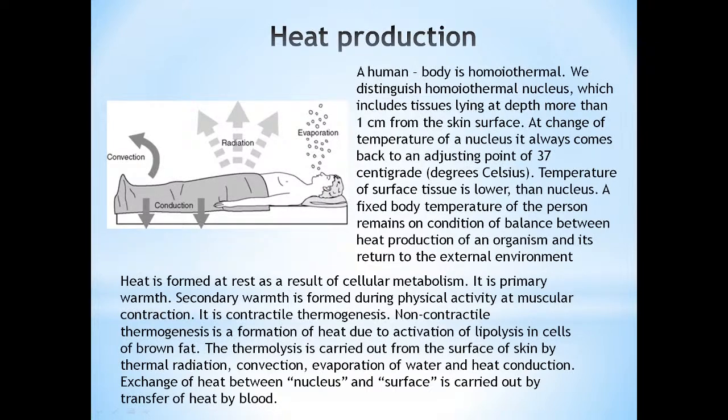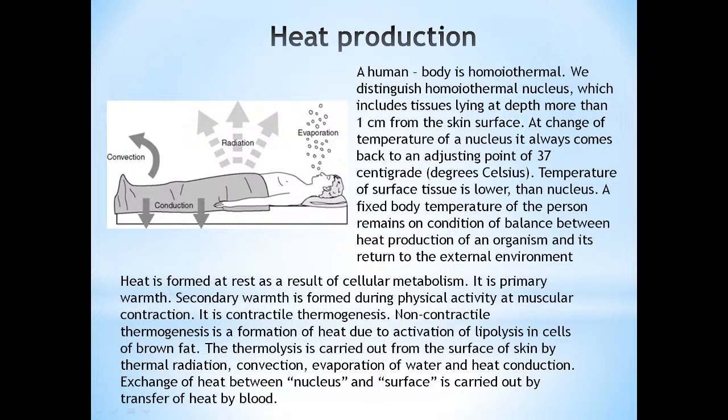Next question, heat production. The human body is a homeotherm. We distinguish a homeothermal nucleus, which includes tissues lying at depths of more than 1 centimeter from the skin surface.